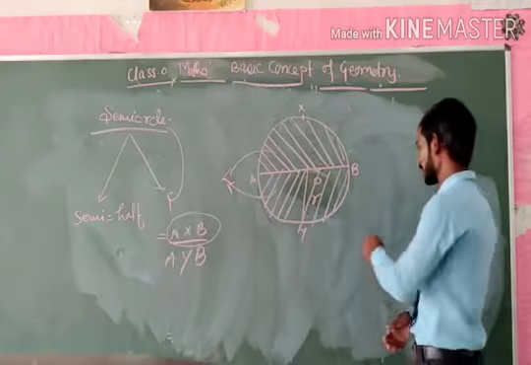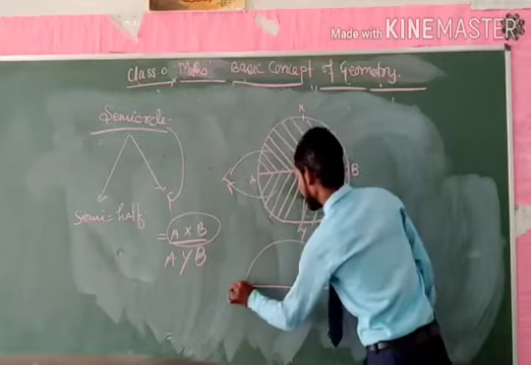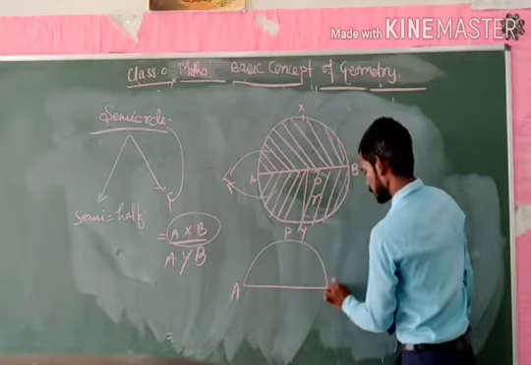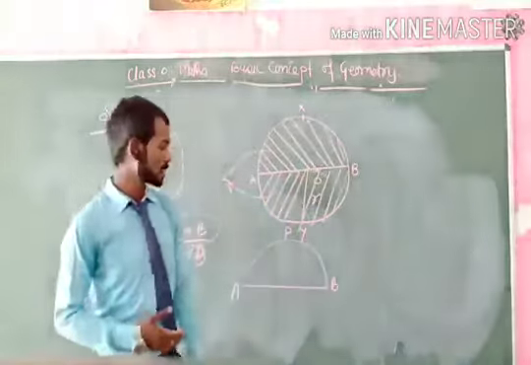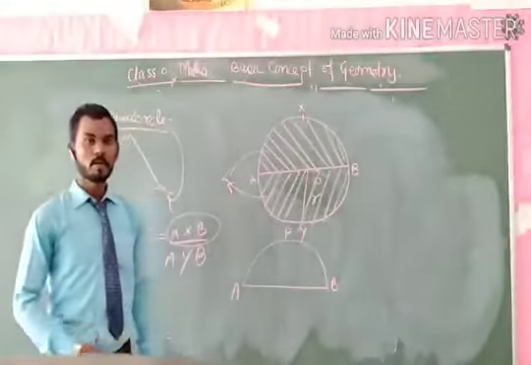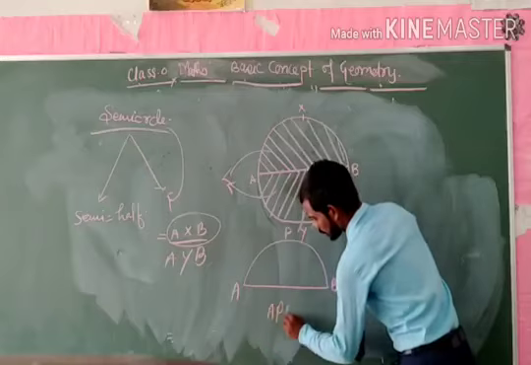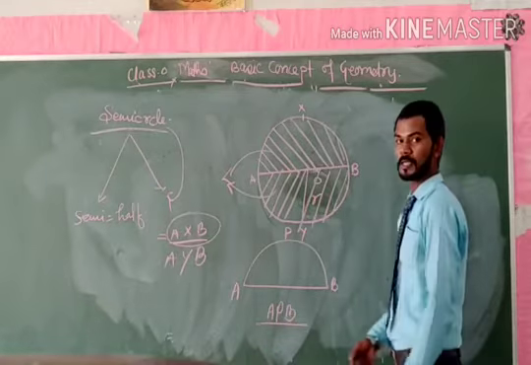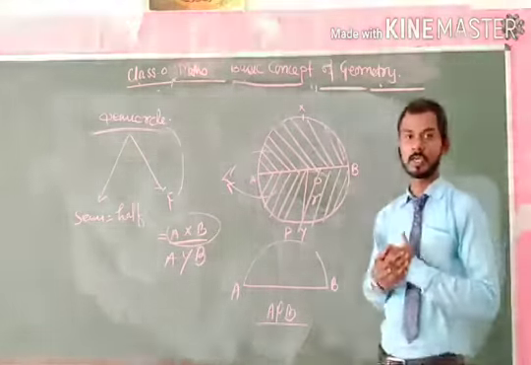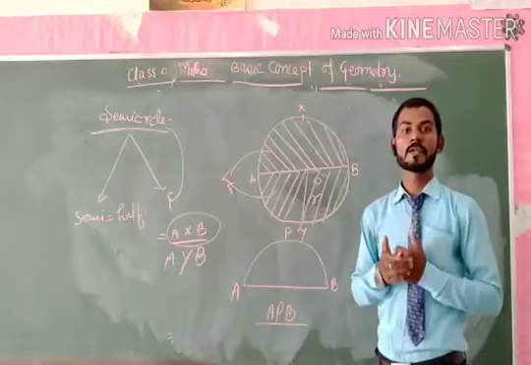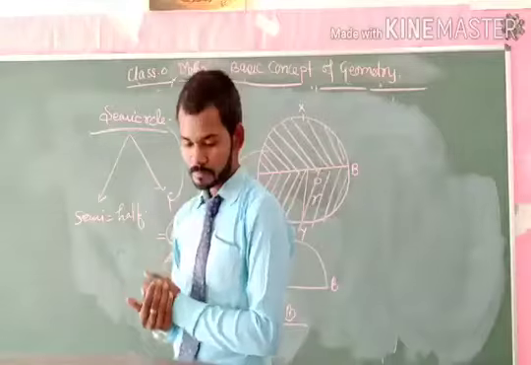Just suppose that a semicircle is given like this: A, P, B. Then the question is to write the name of the semicircle as given in the figure. Then we write APB as the semicircle. I hope the definition of semicircle is clear. Half of the circle is known as a semicircle.